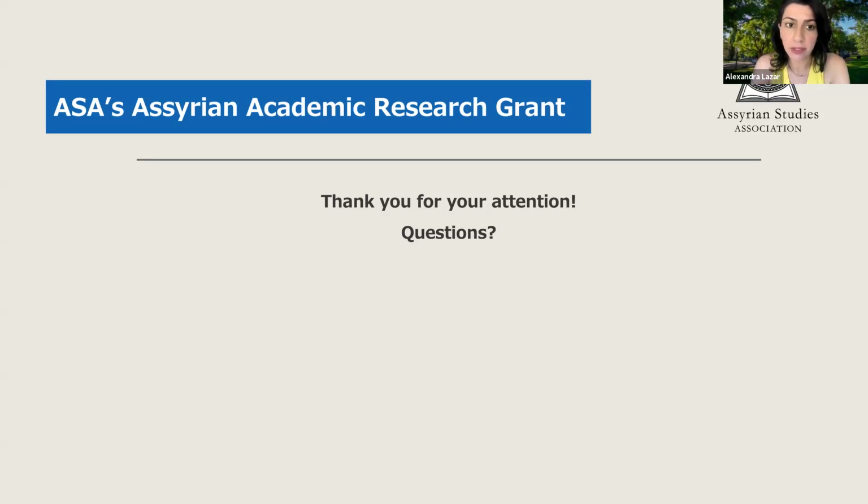If we don't have any other questions from anybody else, I think we can possibly end it short. If you do have questions after this info session, you can email us. Our email address is on our website, but I'll go ahead and give it here: info@assyrianstudiesassociation.org.